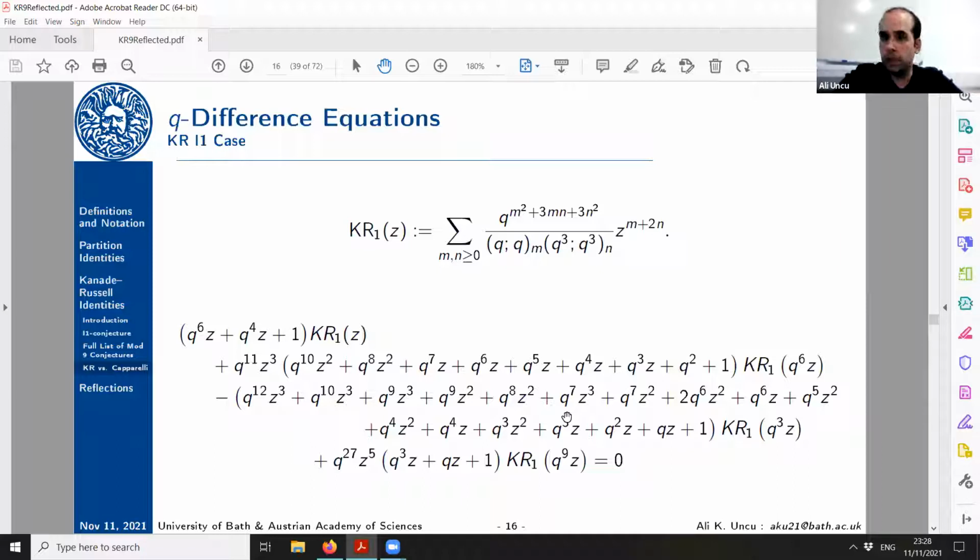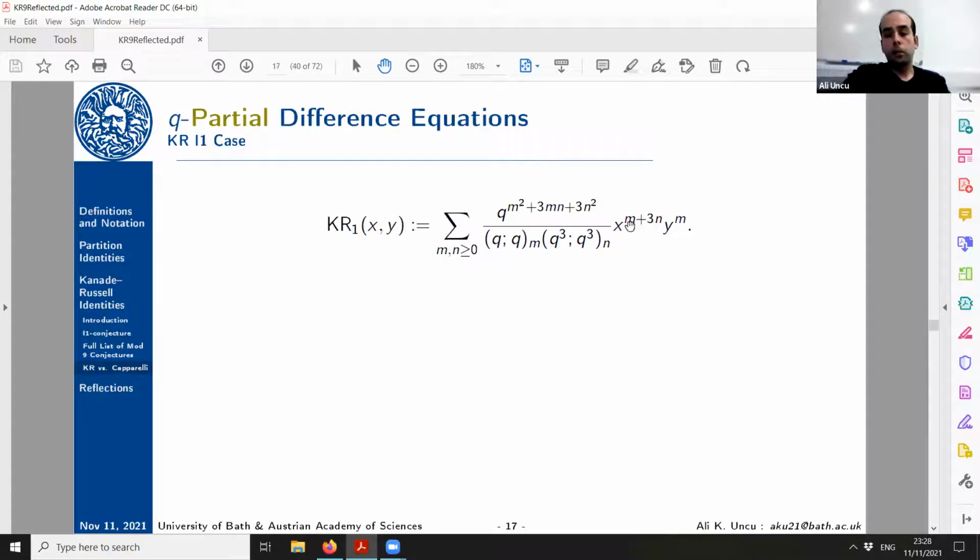And there's not a way that I know how to prove the Kanade-Russell conjectures anyway. You can try something else. You can be more experimental. You can just say, okay, can we satisfy a partial differential equation? Can I just tag along one more variable, for example? And then you see that the structure becomes really nice, it compresses.